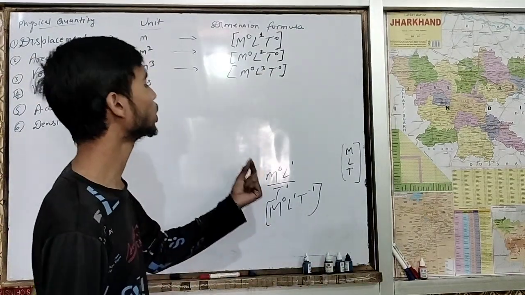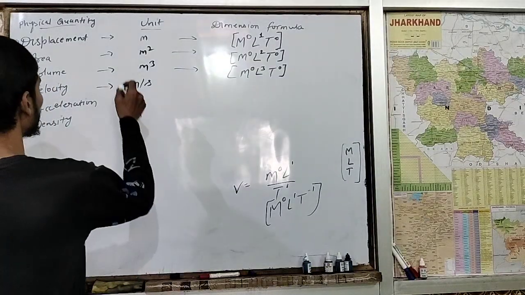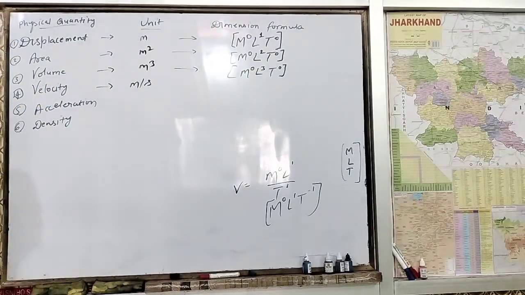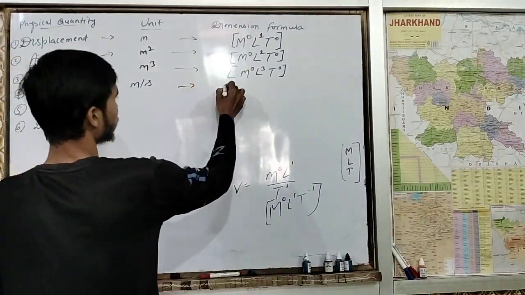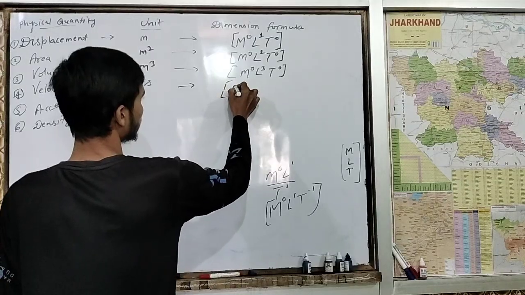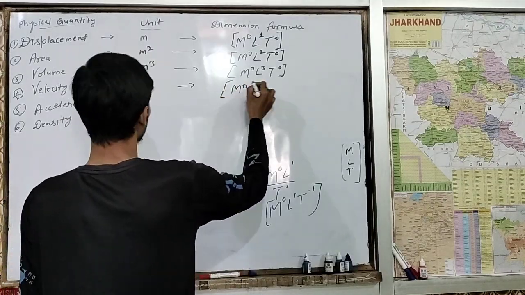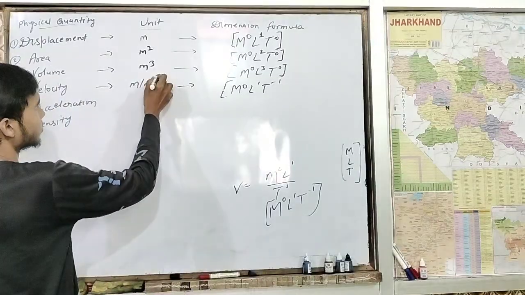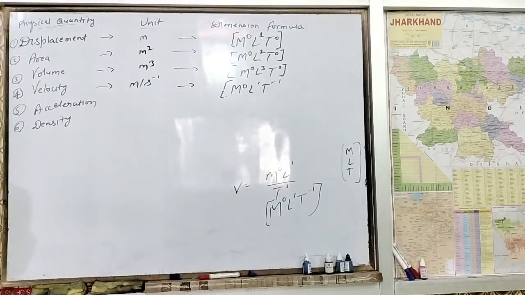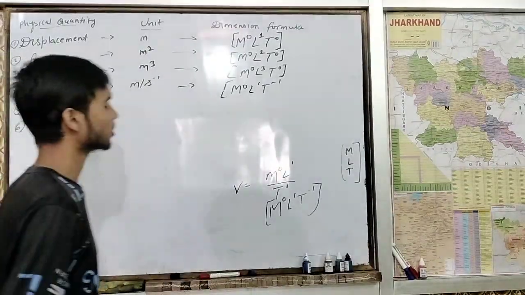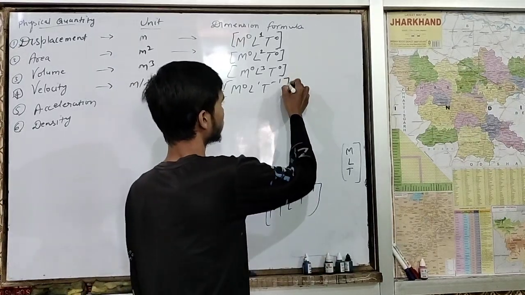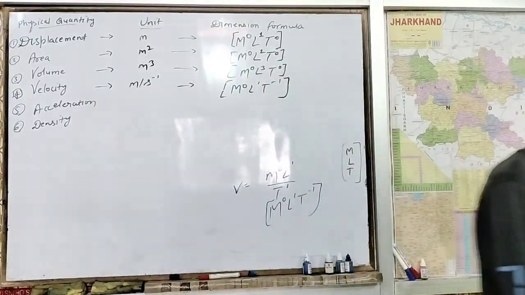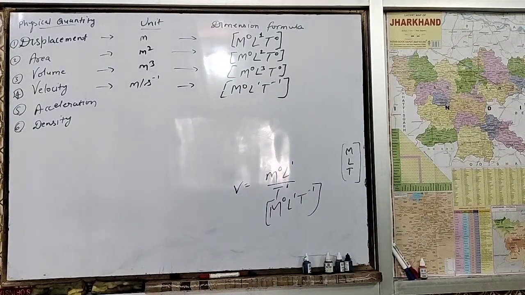Now it is in the numerator. So the dimension formula for velocity would be nothing but M is 0, L is 1, and T is -1. Here you know that this is meter per second. Clear? Are you staying clear?